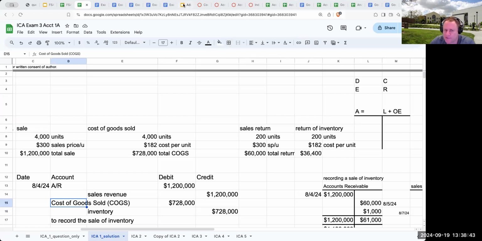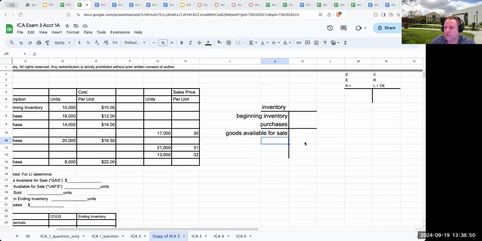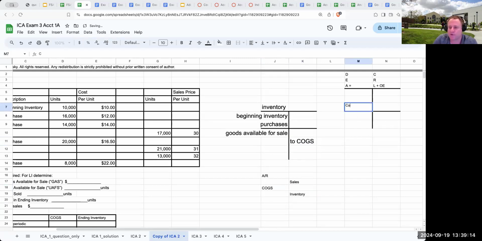So the whole process of inventory costing is figuring out the latter part of the journal entry, right? So I've got accounts receivable, sales, debiting cost of goods sold, crediting inventory. What I'm trying to figure out is, of the goods available for sale, whatever I'm going to sell or reduce inventory by goes to my cost of goods sold.